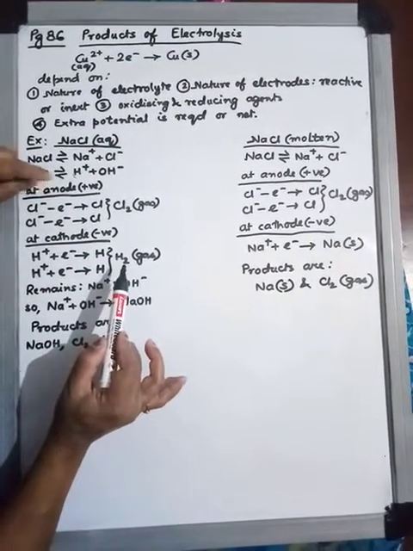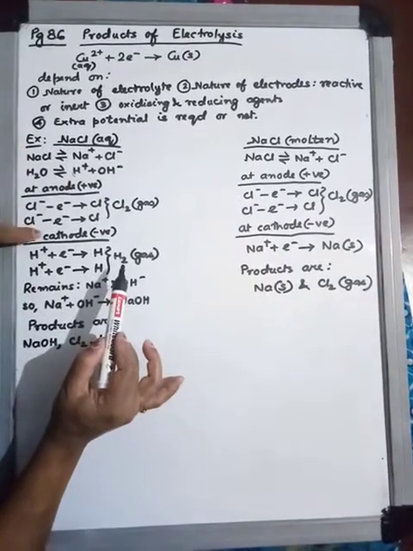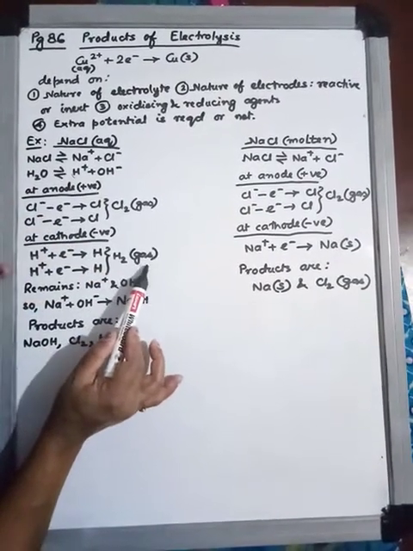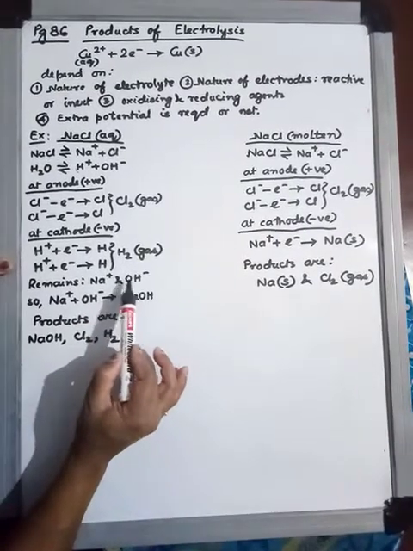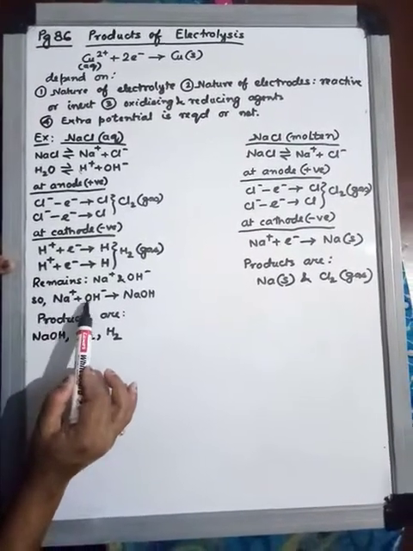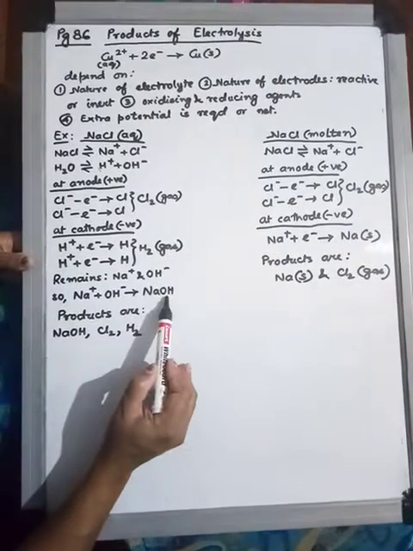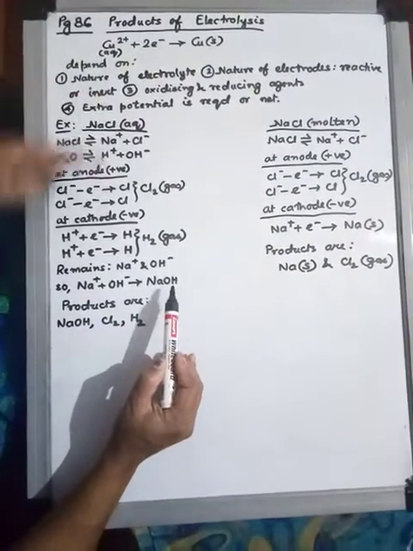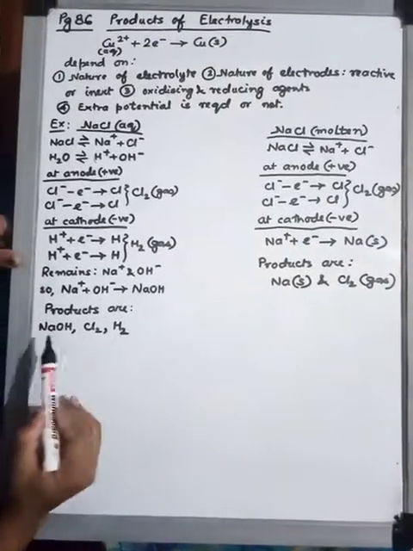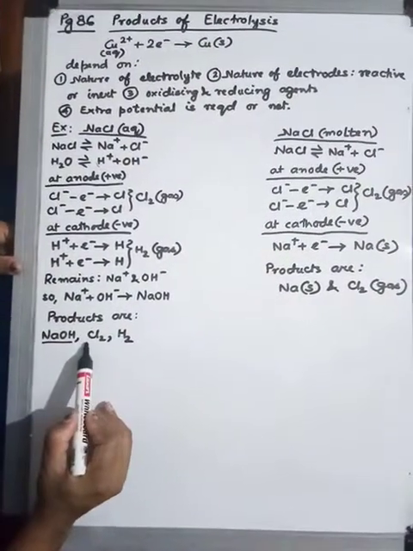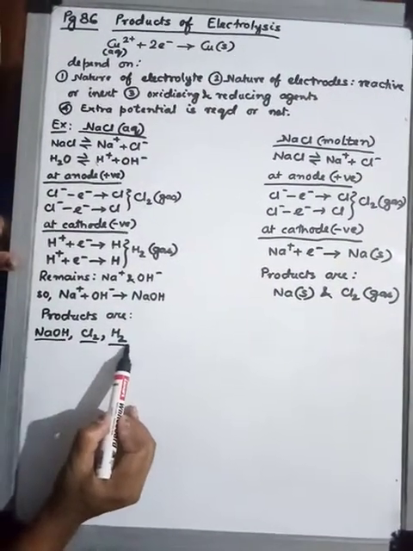So at the anode chlorine gas is liberated, and at the cathode hydrogen gas is liberated. So what remains back in the solution? Na+ and OH-. These two are going to combine and form NaOH. So when we do the electrolysis of aqueous NaCl, what are the products? We get NaOH, chlorine gas and hydrogen gas.